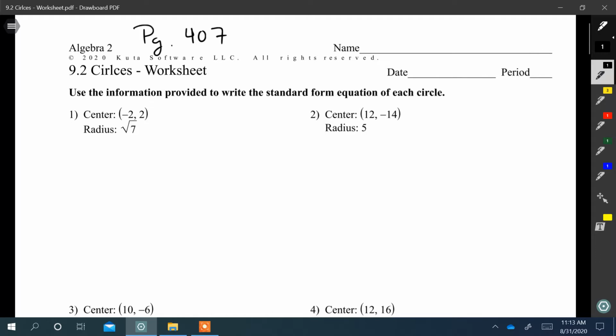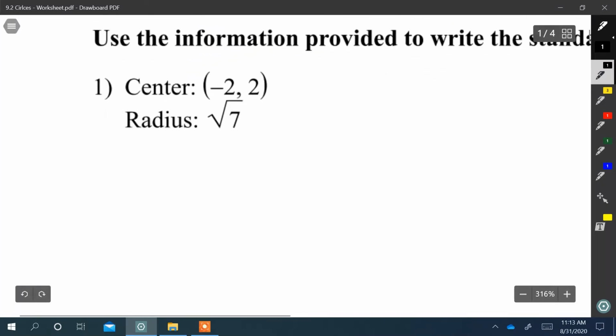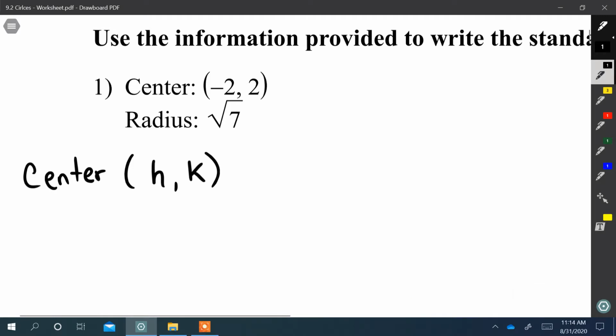Okay, so the equation of a circle. That's what we're going to need in this. So on page 407, you're going to find the equation of the circle. And it's the following. If you have a center H and K, that's a point, and H and K just represent a number.